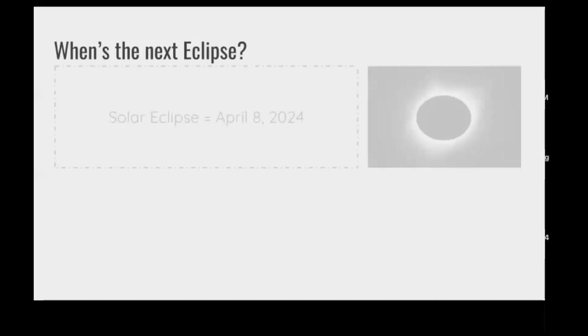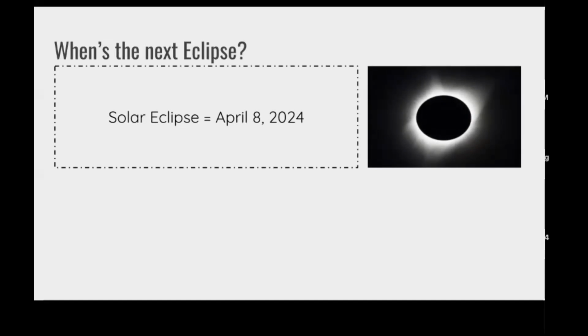So then normally the next question is, well, when is the next eclipse, right? For it to be visible where we live in North America, west side, where we can see a total solar eclipse, is not going to be for 3.5 more years. So mark your calendars, set a reminder, April 8th, 2024.